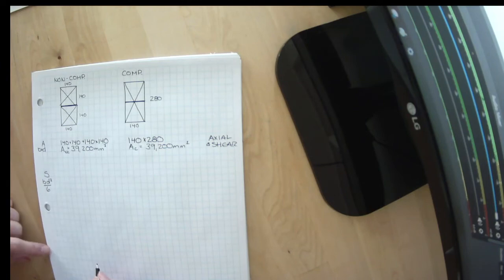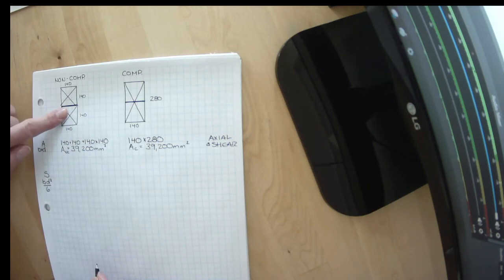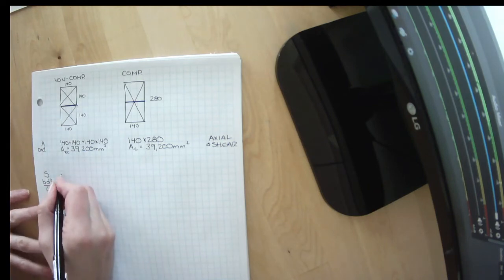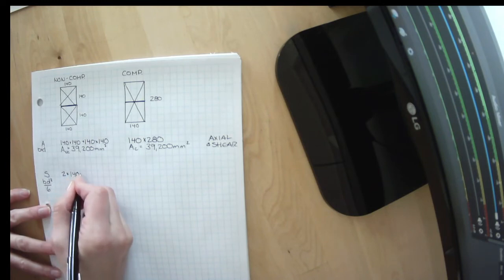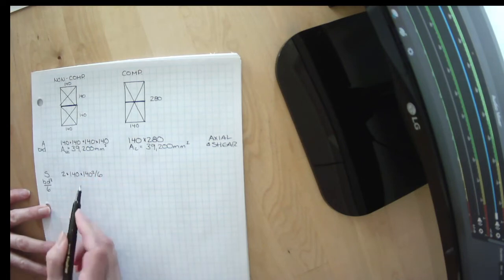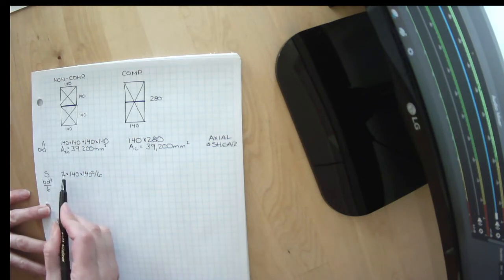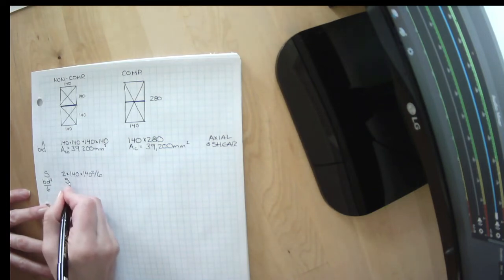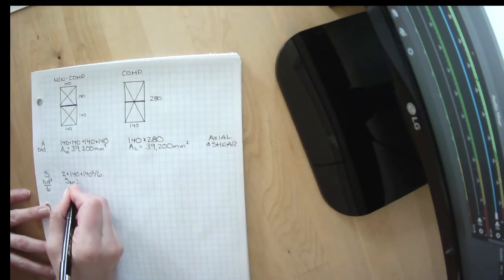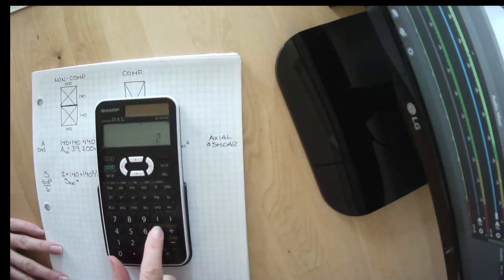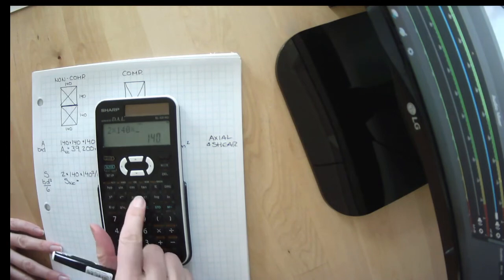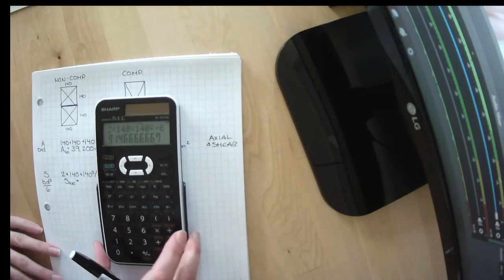So for our non-composite section, we have BD squared divided by 6 of the top member and BD squared divided by 6 of the bottom member, or 2 times B, which is 140, times D, which is 140 squared, divided by 6. So BD squared divided by 6, and we've got it twice. The section modulus for the non-composite version of this is 2 times 140 times 140 squared divided by 6.